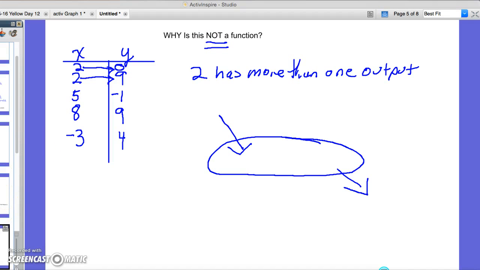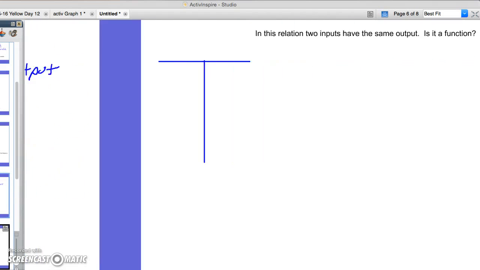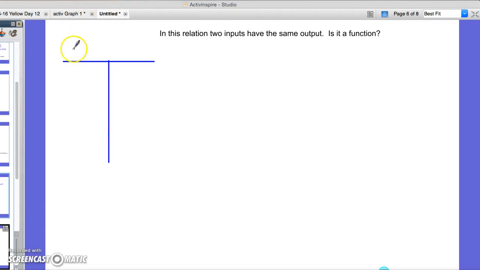Okay, let's try another one. Let's see if I go here. In this relation, 2 inputs have the same output. So here's x, here's y. So 5, maybe it goes to 3. 7 also goes to 3. 8 goes to 11. 9, maybe it goes to -6.